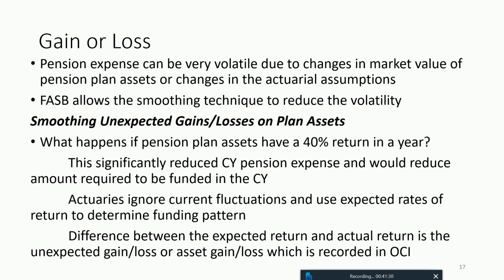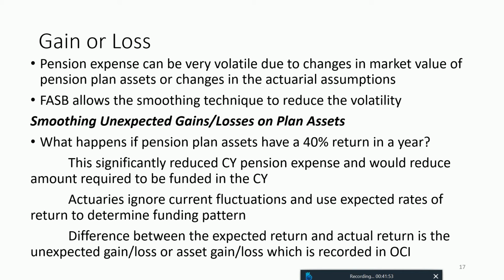Your company's financial statements might look a lot better because you had a much lower pension charge in the current year. But in the next year, what happens if pension plan assets have a negative 40% return? Then your pension expense is going to look a lot higher in the following year.